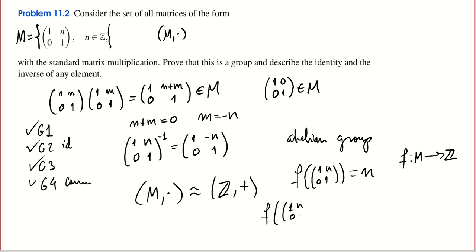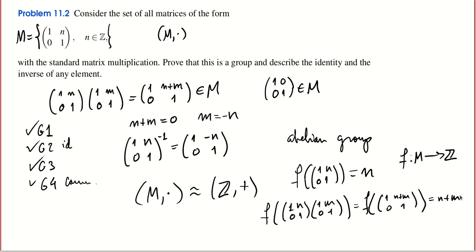Which, of course, respects the product. If you have here the product of these two matrices, since the product of these two matrices is just this matrix, it's equal to f of 1 n plus m 0 1, and that gives you n plus m.